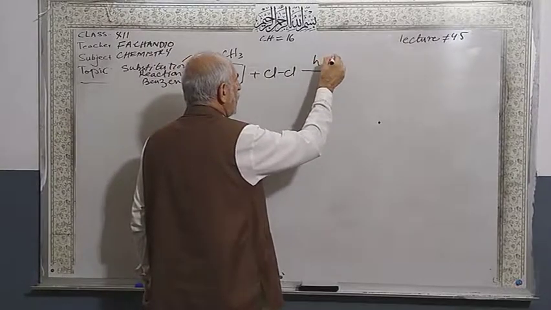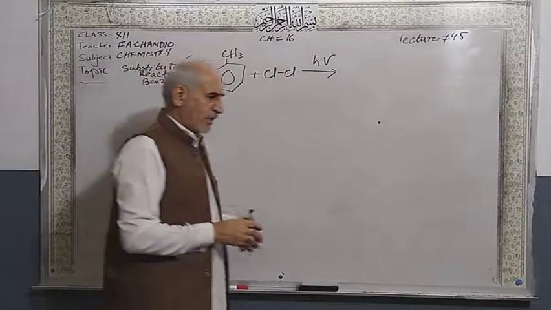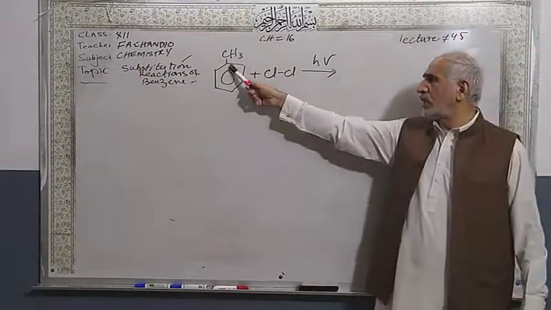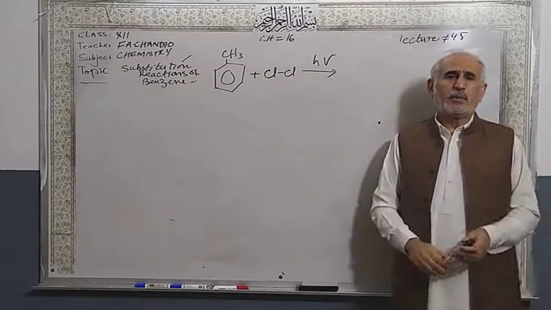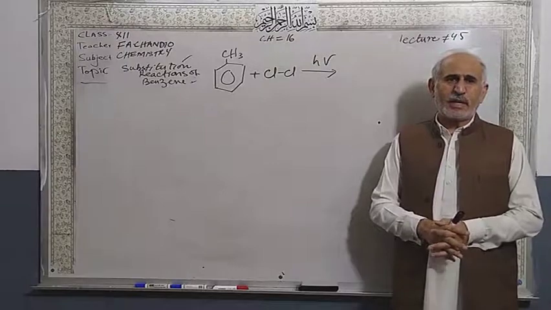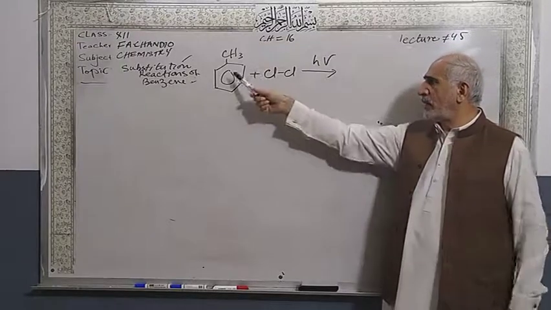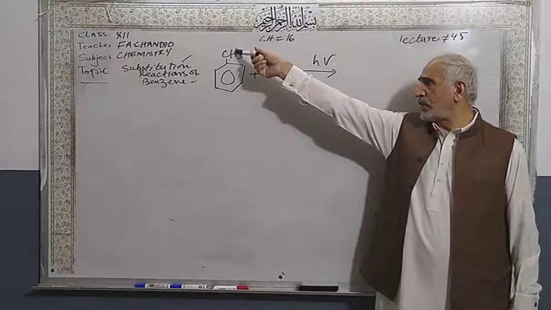In the presence of diffuse sunlight, ultraviolet light, there will be no effect on the benzene ring. Only the hydrogen will be substituted from here.